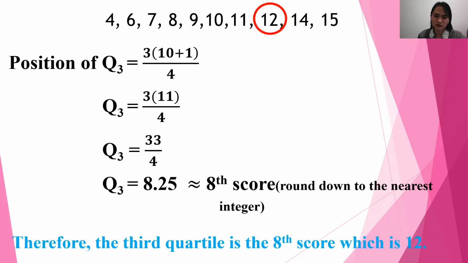So the conclusion is the third quartile is the 8th score, which is 12. Did we satisfy the conclusion? Look at the data distribution. The value of the 8th score is 12.